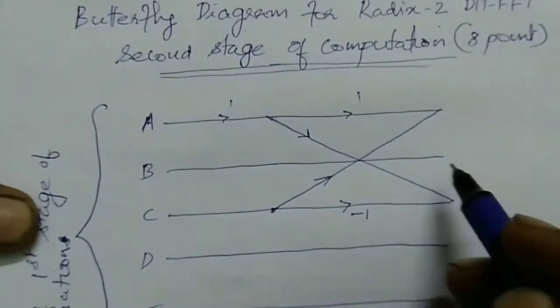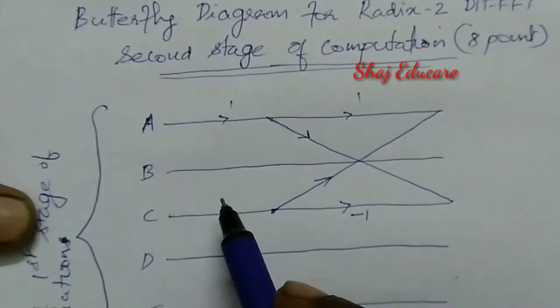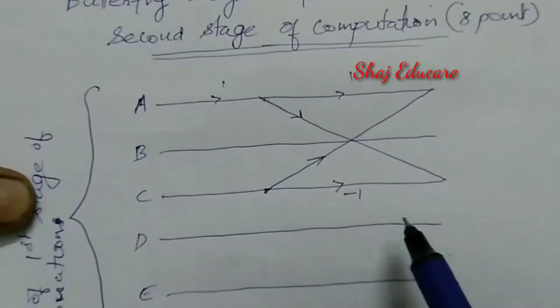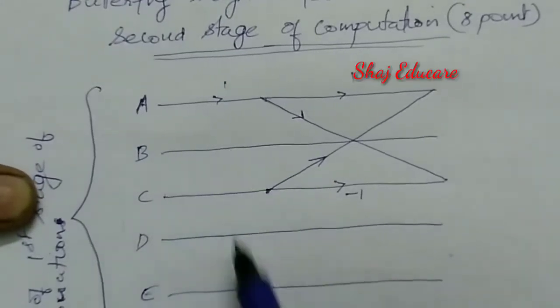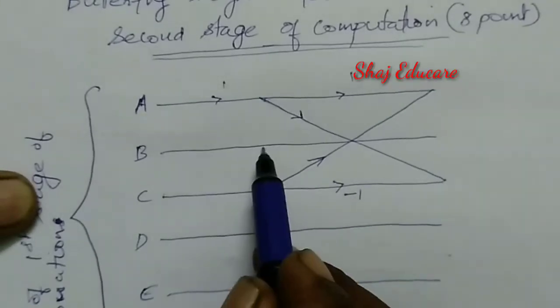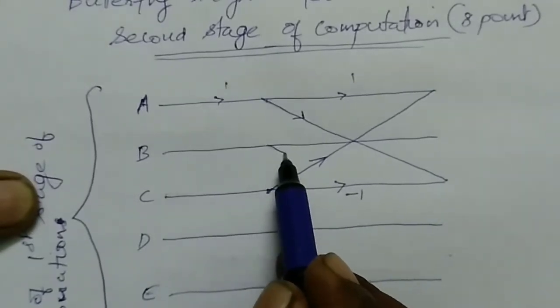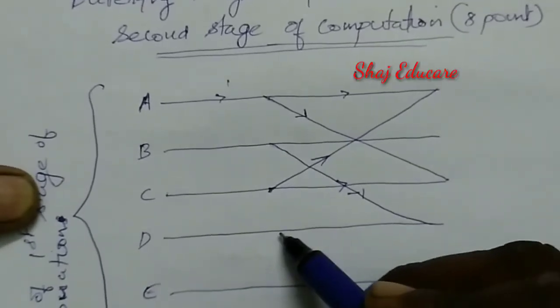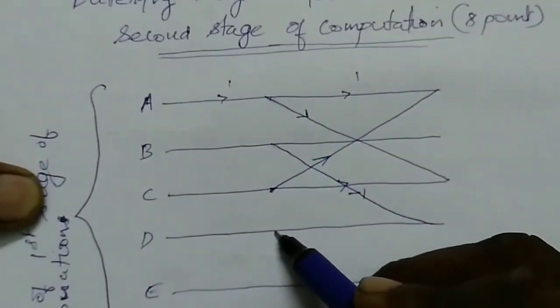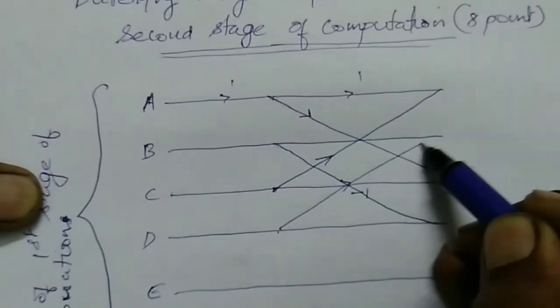Now it's over. Now let us draw the second connection, which is to be taken from the second line to the fourth line, and again complete the diagram from the fourth line to the second line.